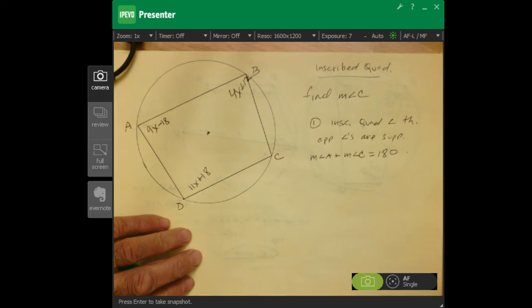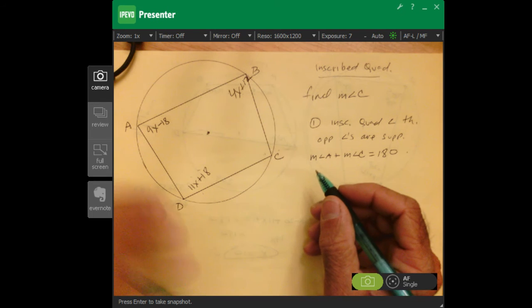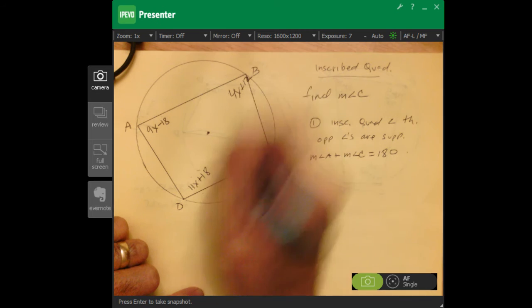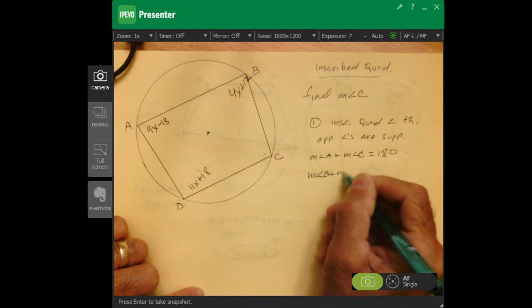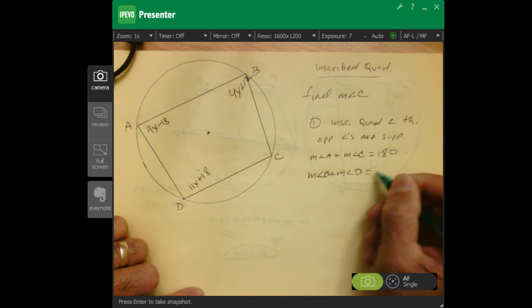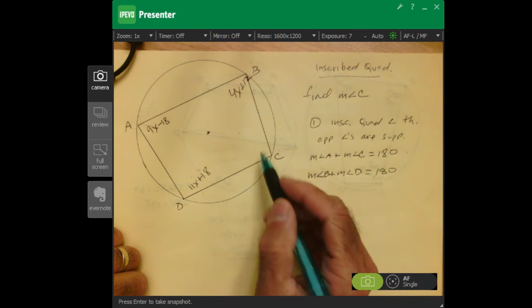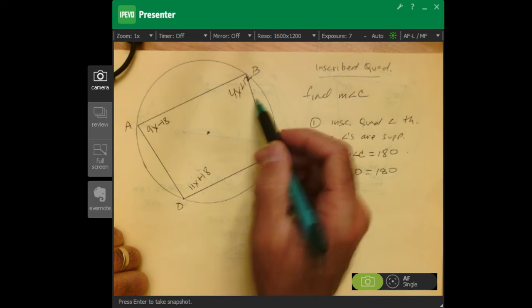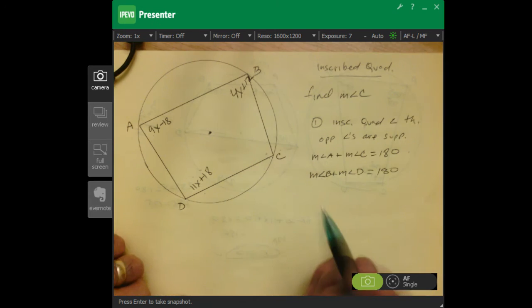But if we look at the other two angles, maybe we can figure something out there. Measure angle B plus measure angle D equals 180. This doesn't tell us anything about angle C, but at least it tells us something about X. Just think about the thought process.